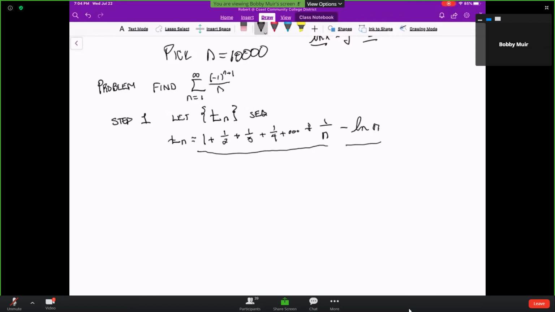So the goal here is to show that the limit as n tends to infinity of Tn exists.